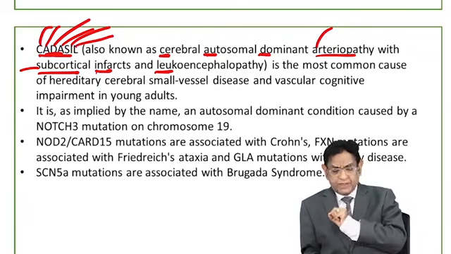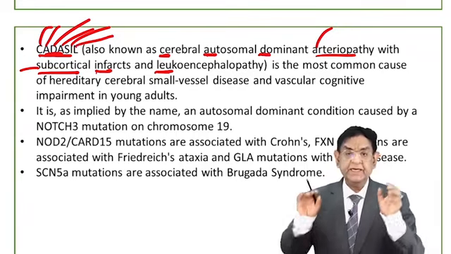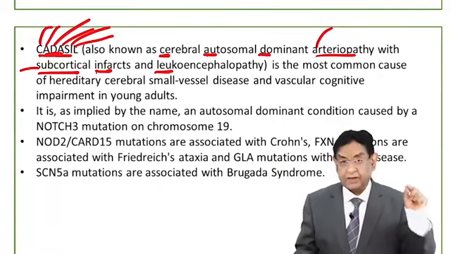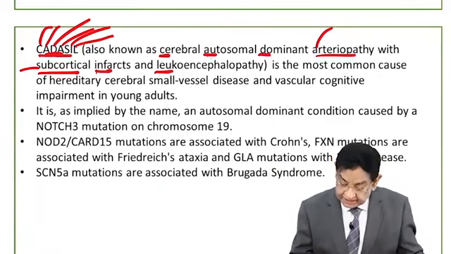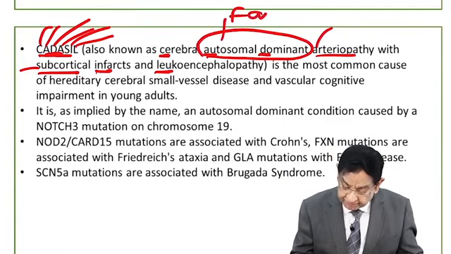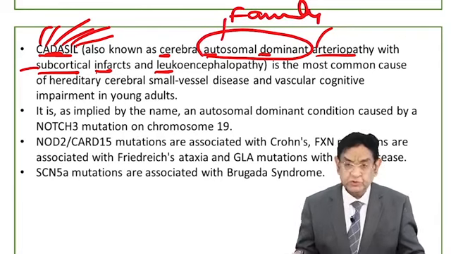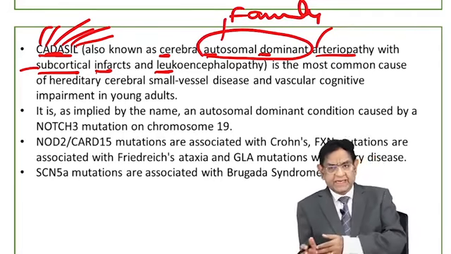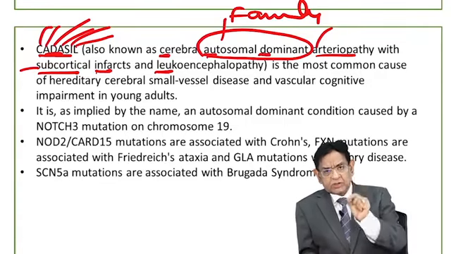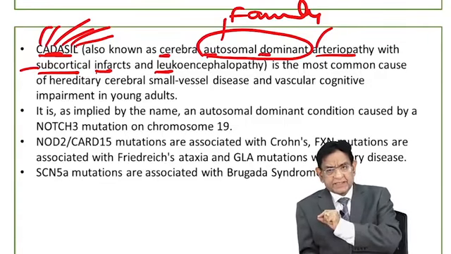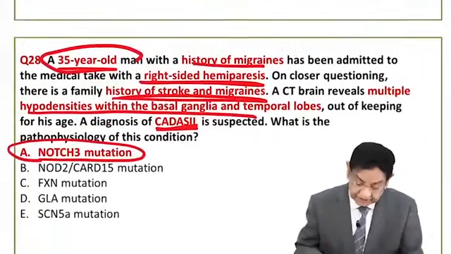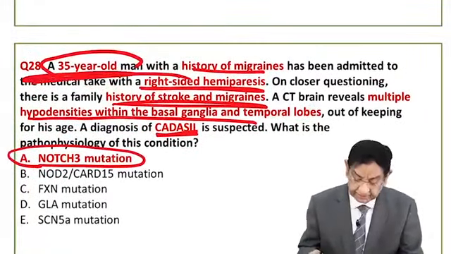Point to be noted, it is a type of arteriopathy, subcortical. It is dominant. It means what? Family history will be positive. So far we have not got this entity anywhere. Since it is autosomal dominant, it is familial, so that's why it is occurring at the age of 35 years.